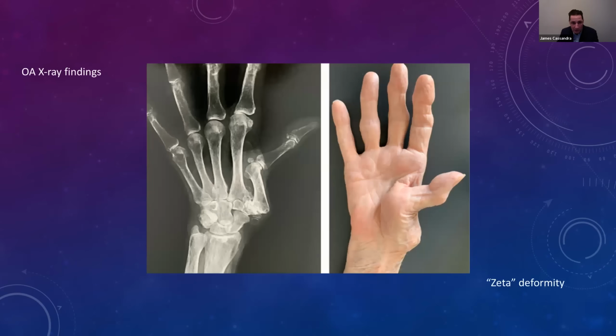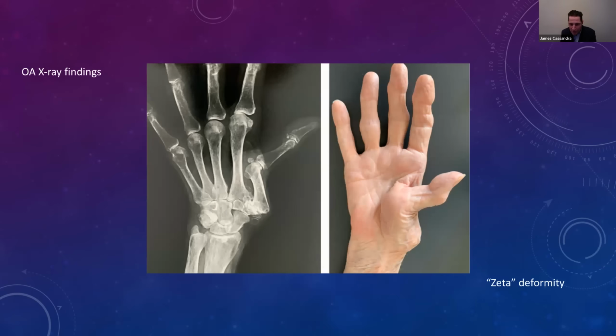Here's an X-ray finding of severe basal joint arthritis. You can see a zigzag deformity in the thumb. So that palmar adduction deformity, the thumb comes so close to the palm that it's hard to get the hand around objects.